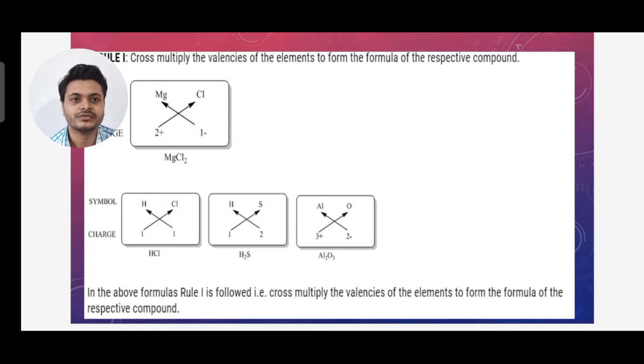We know that aluminum valency is 3 and oxygen valency is -2, so cross multiplication gives Al2O3. So in the above formulas, rule 1 follows: cross multiply the valencies of an element to form the formula of the respective compound. You have studied 4 examples: MgCl2, that is magnesium chloride; HCl, that is hydrogen chloride; H2S, that is hydrogen sulfide; and aluminum oxide, that is Al2O3.